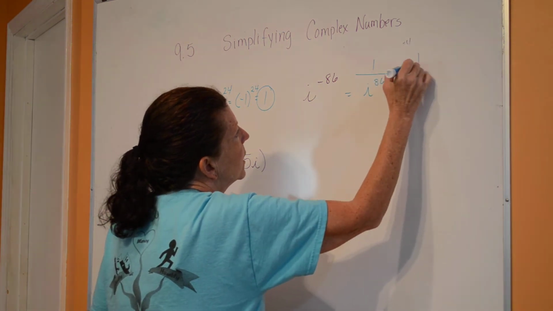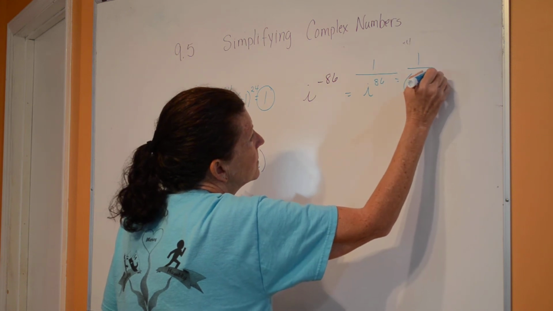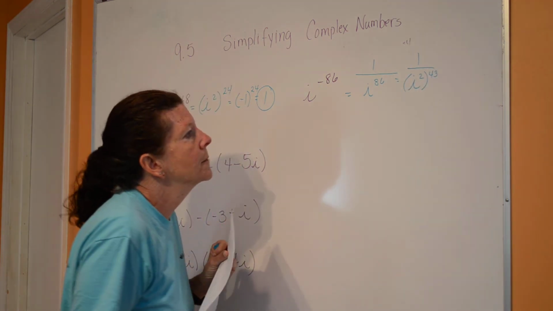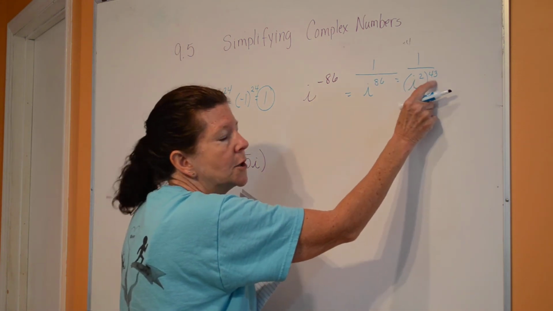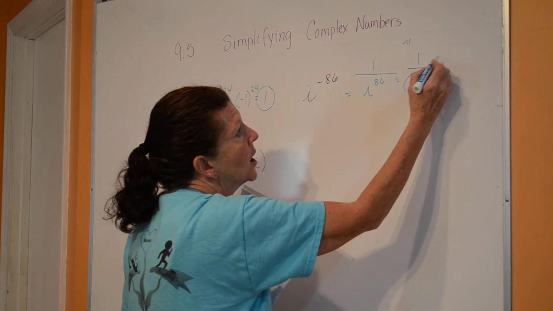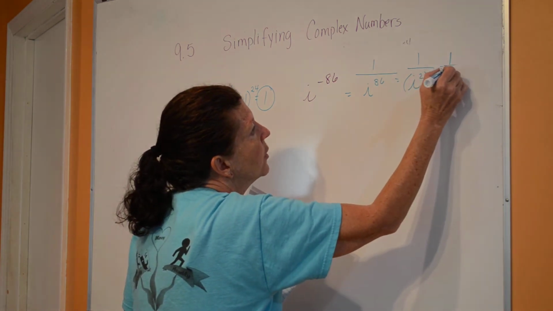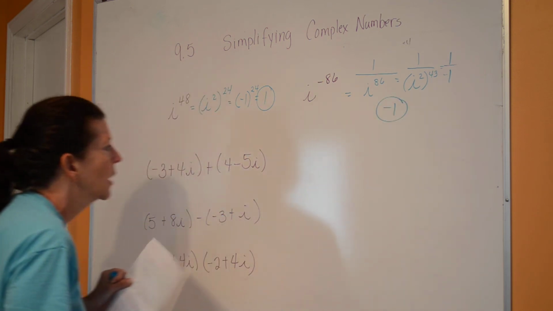So that's going to be 1 over i squared times 43, because 2 times 43 is 86, so I have -1 to the 43rd power, so I'm going to keep my negative because that's an odd power. So I'm going to have 1 over -1, or my final answer here is going to be -1.